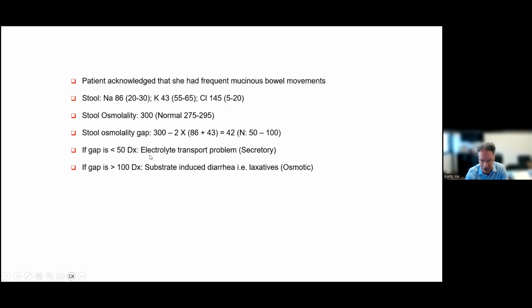It's called a secretory diarrhea. So you shouldn't just say my patient might have a secretory diarrhea. You should know the definition chemically, how to say that. And you can say it with certitude. If it's less than 50, it's an electrolyte abnormality. But if the gap's over 100, then it's osmol-mediated. It's a substrate osmol, like a laxative, that is inducing the diarrhea. It's not from ion transport. So it helps differentiate the two.